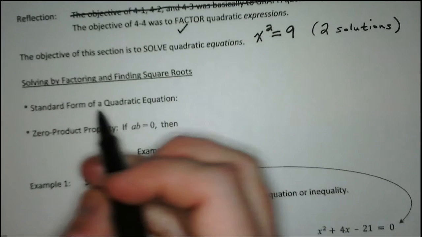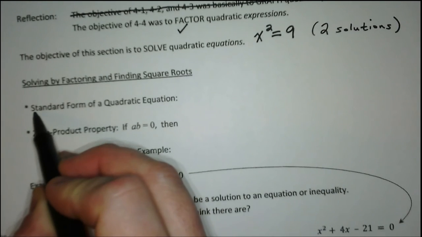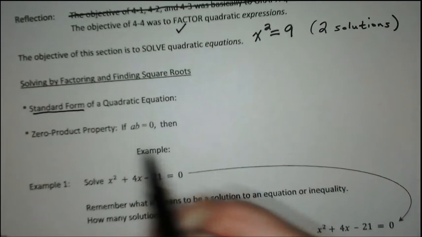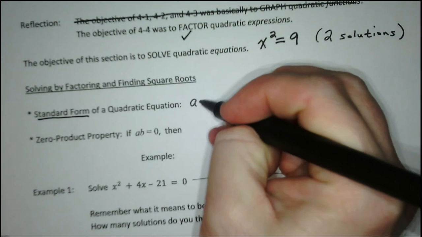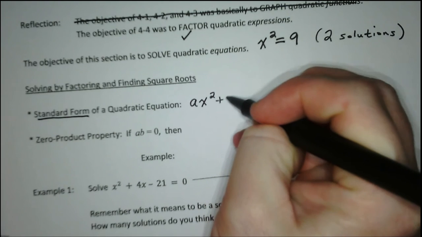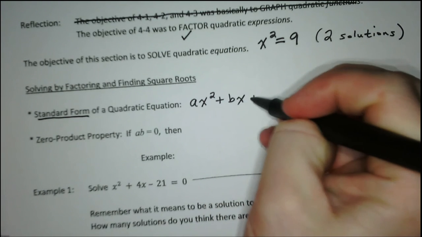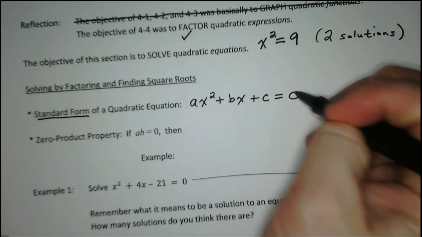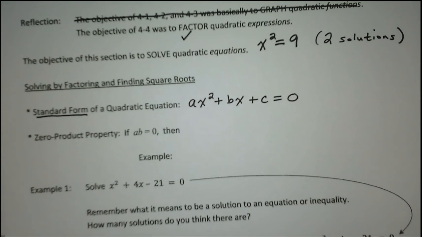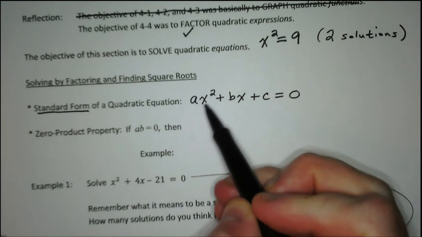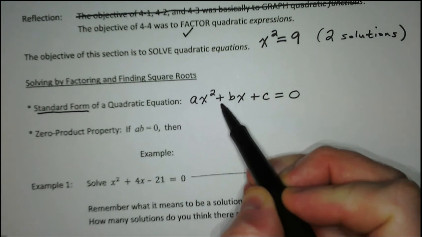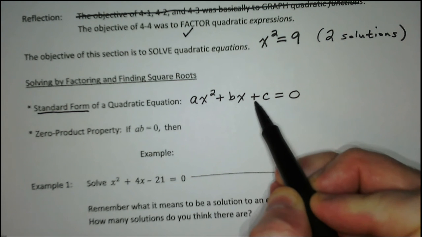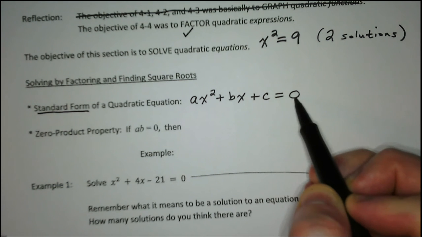Anyway, so we have this standard form of a quadratic equation, and it goes a little something like that: ax squared plus bx plus c equals 0.